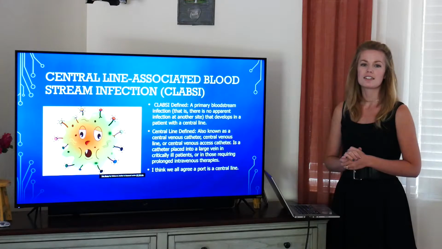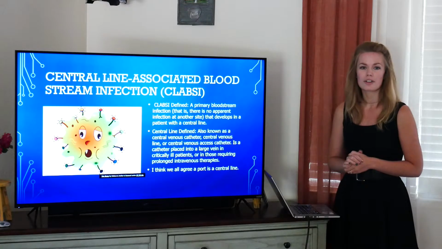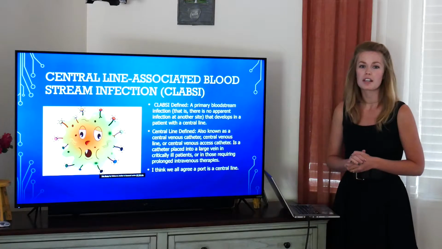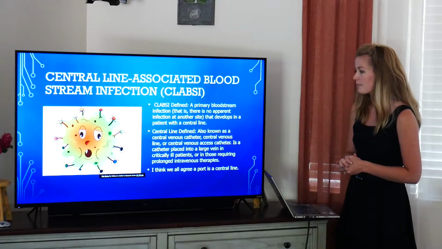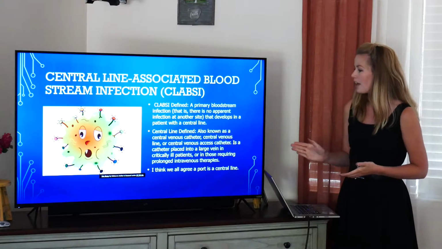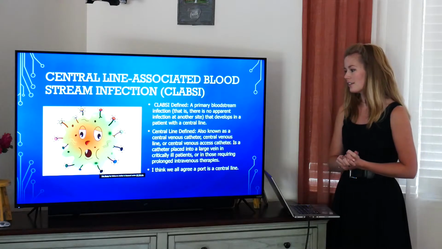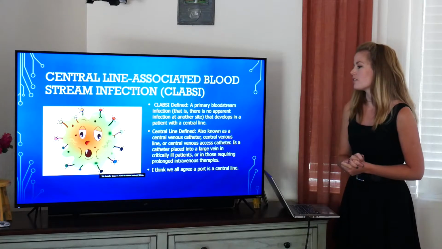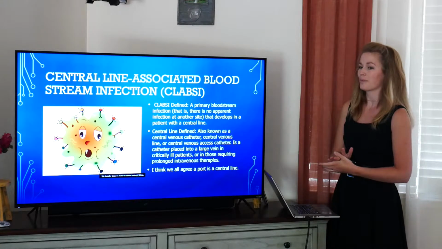This means that the infection has no other apparent source causing the infection, so we are assuming that it's coming from a central line. A central line, defined, can also be known as a central venous access catheter, a central venous access device, or just even a central venous catheter.